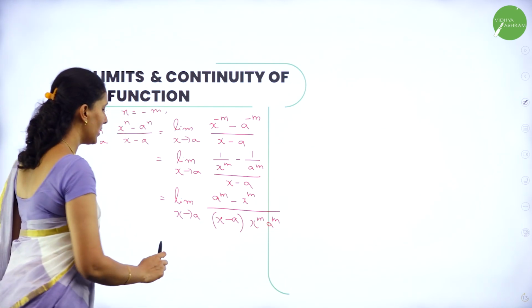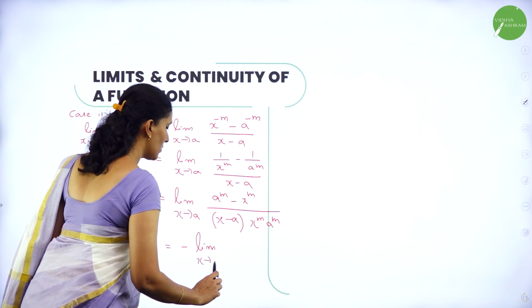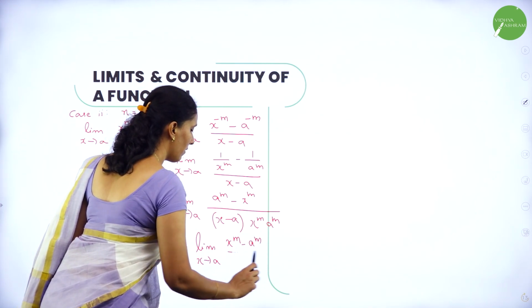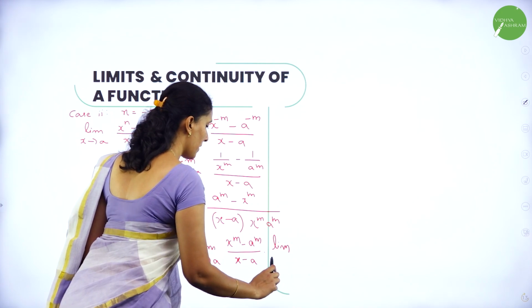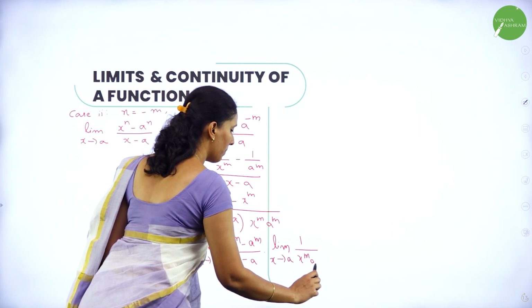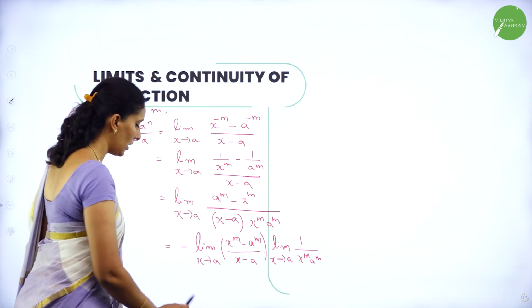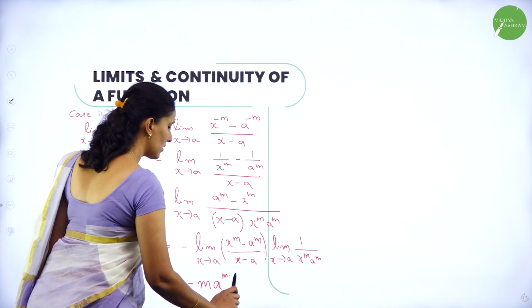Let me take minus outside, then I'll get limit as x tends to a. Here the numerator is x power m minus a power m divided by x minus a, and I'll separate the limit as x tends to a for 1 divided by x power m a power m. Now this is the standard limit whose value will be equal to m into a to the power m minus 1.